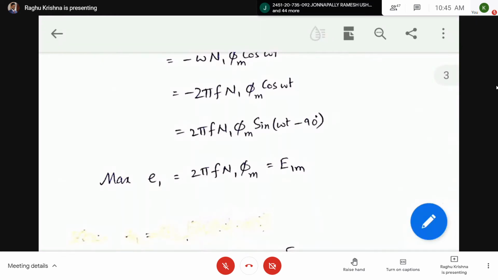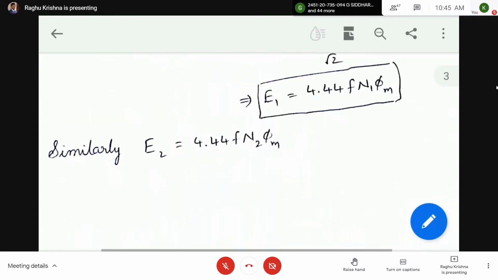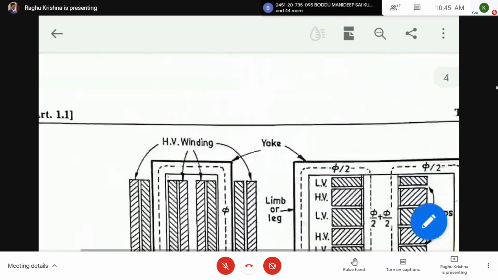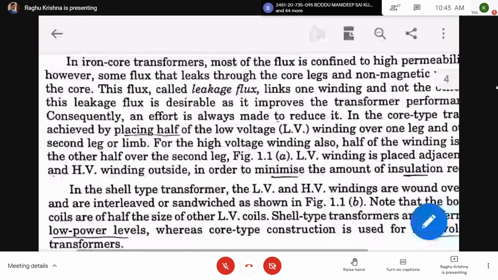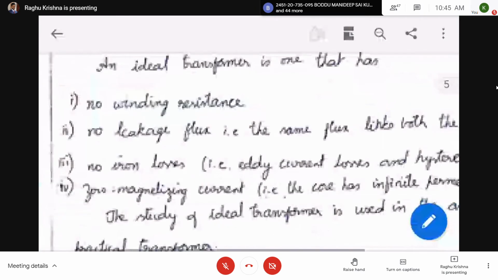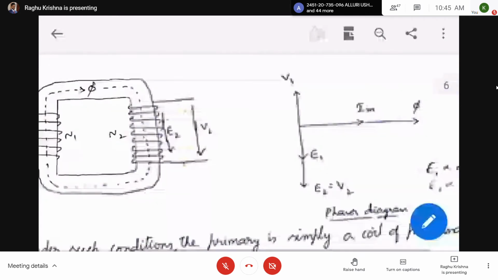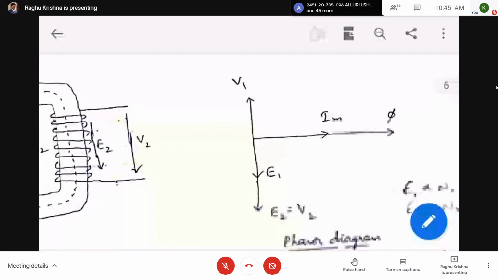So the induced EMF lags the flux. That's why you can see here that the induced EMF lags the flux by 90 degrees. So E1 lags the flux by 90 degrees.